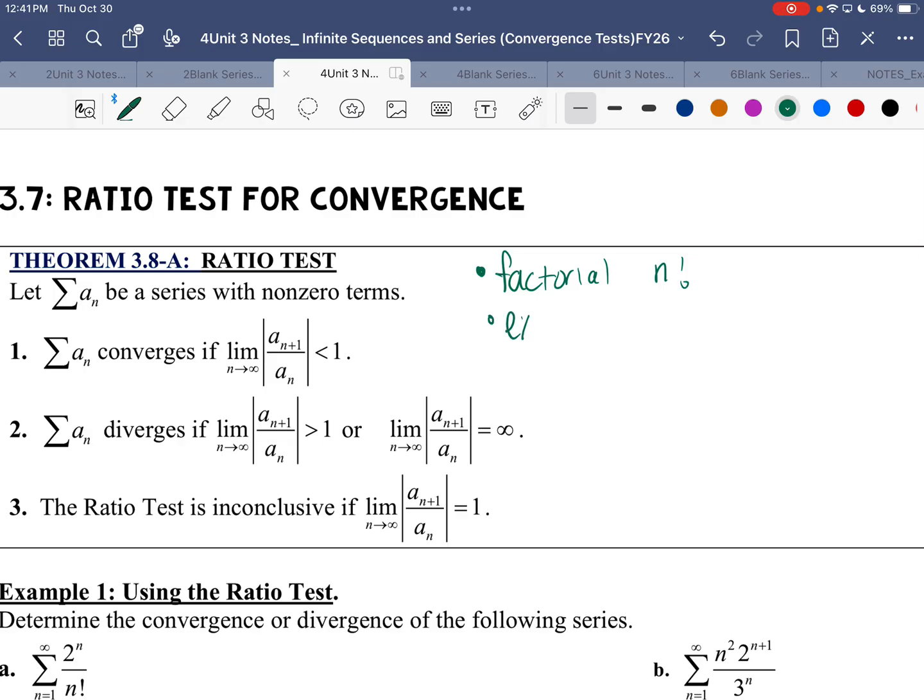Some kind of exponential, where it's exponential mixed in with other stuff so that it's not geometric. Especially factorials that are not in the numerator, then you'd want to do the ratio test.